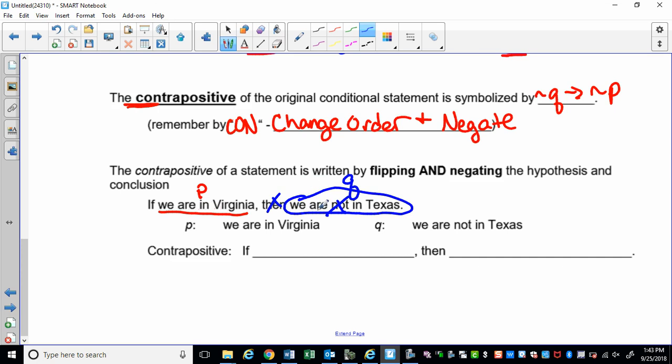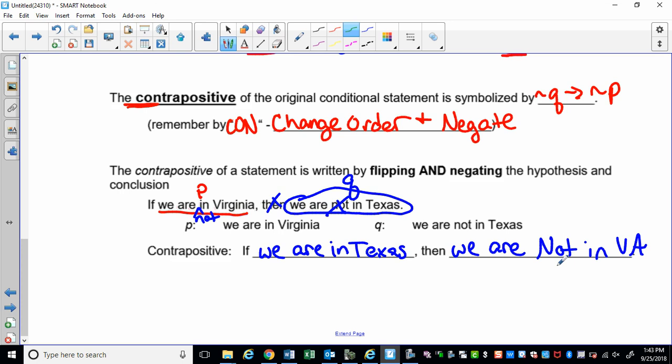If we are in Texas, then we have to negate it, not in Virginia. So don't forget the not in this one, but we took out the not in this one.